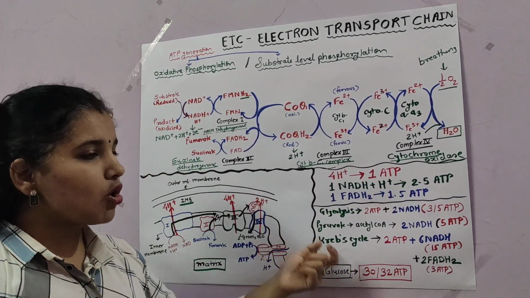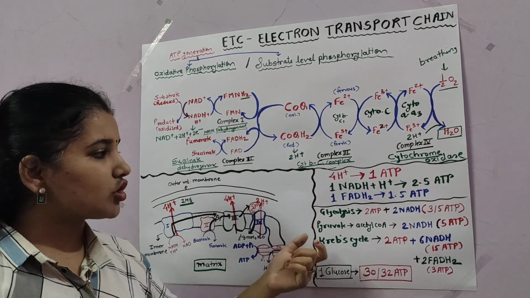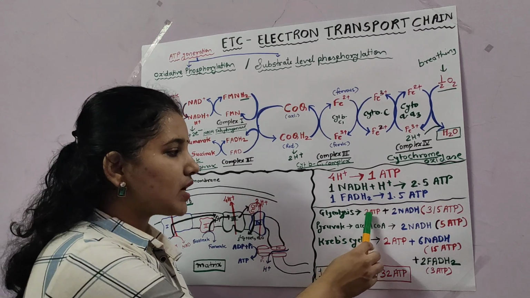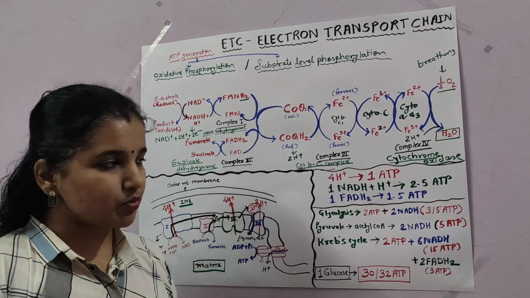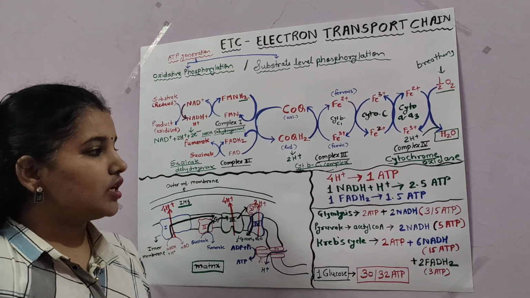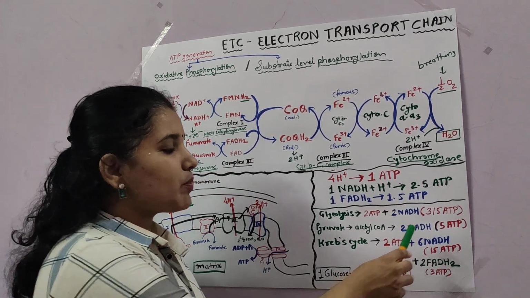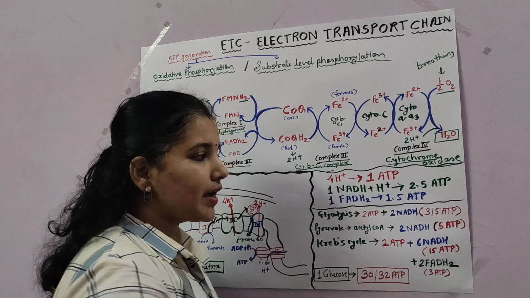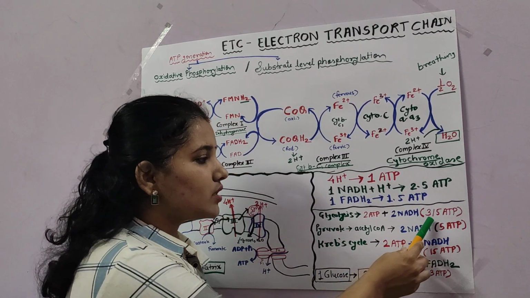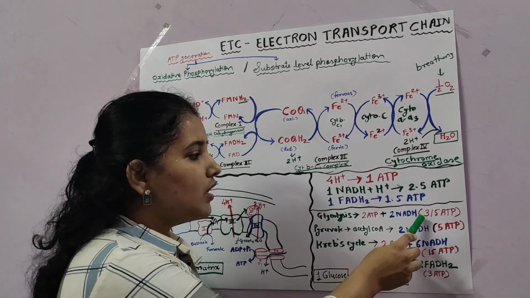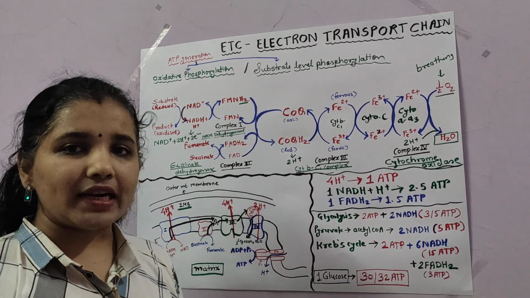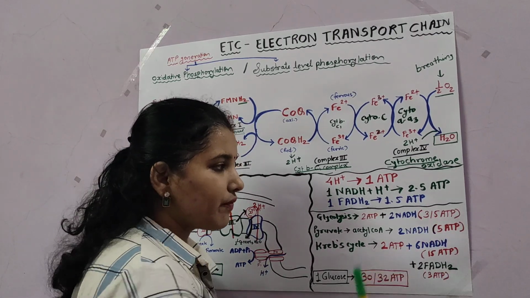Now, in the whole aerobic respiration process, in glycolysis, 2 ATPs are generated by substrate level phosphorylation and 2 NADH are generated. So 2 NADH will produce 3 ATP or 5 ATP based on the shuttle. If it uses the glycerol phosphate shuttle, it will produce 3 ATP, and if it uses the malate shuttle, it will produce 5 ATP.